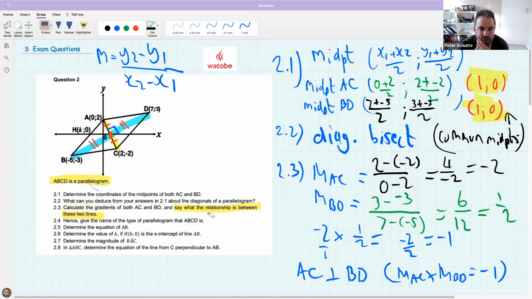Okay, 2.4, it says hence. So refer back to what we did. Name the type of parallelogram that ABCD is. What type of parallelogram is this? Now we know it's a parallelogram. The diagonals bisect, but the diagonals bisecting at 90 means it could be other types of parallelogram. So it can't be a kite because we know it's a parallelogram, right?